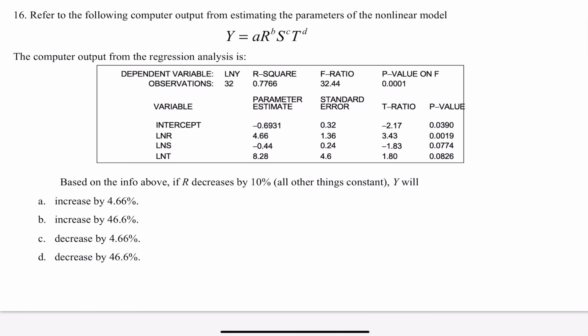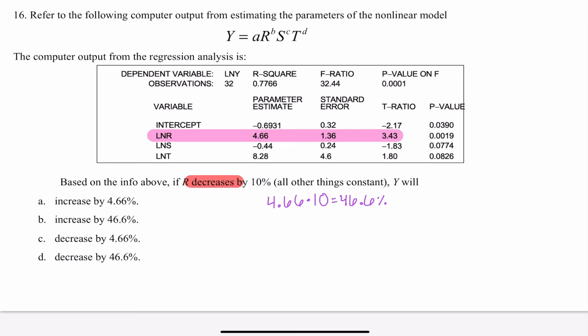Based on the information above, if R decreases by 10%, everything else held constant, it's going to be 4.66 times 10, which is going to give us 46.6%. Don't make the same mistake I just did because I'm going too quickly.